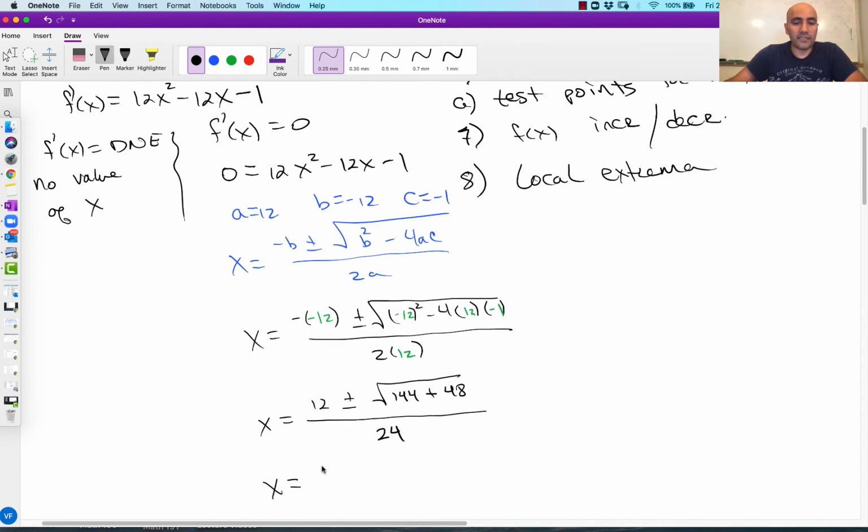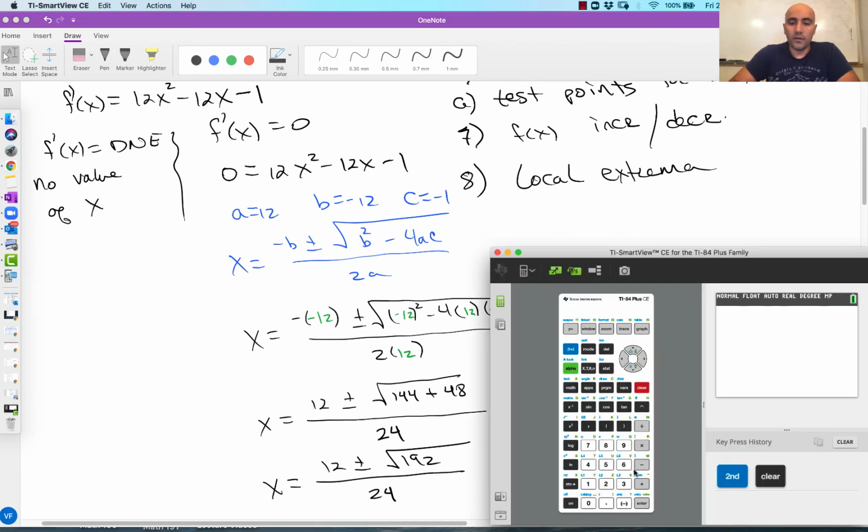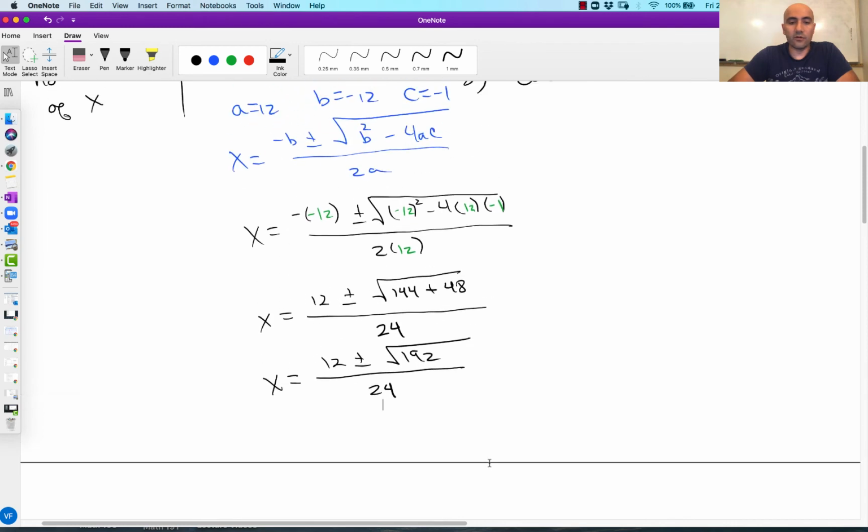So this is going to be x equals 12 plus or minus the square root of 192, all over 24. So 144 plus 48, confirm. Yep, and then I want the root of that, to the 0.5 power. Gets me to that decimal, 13.8564.